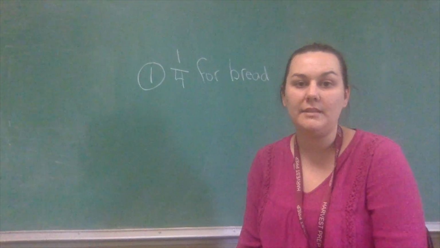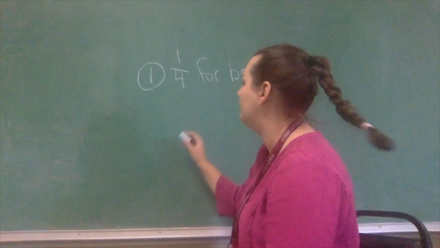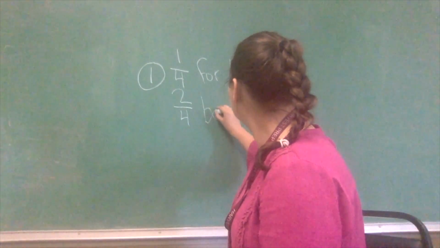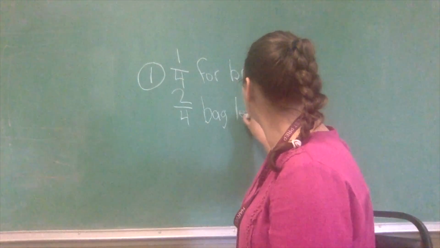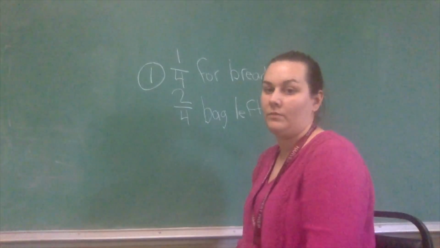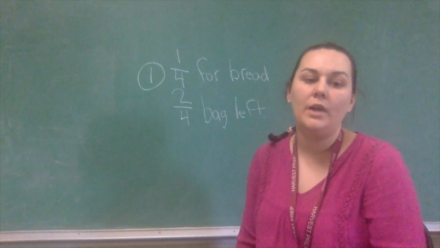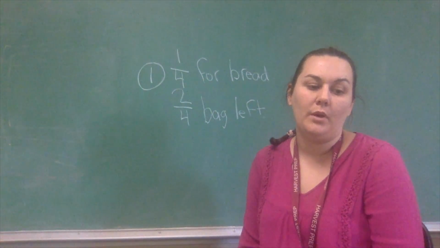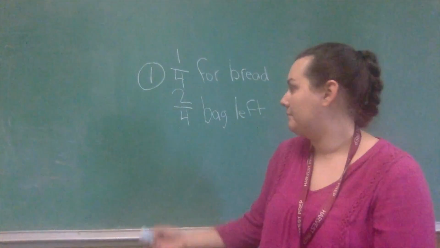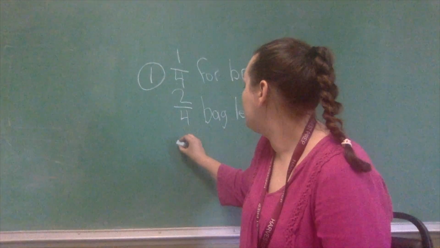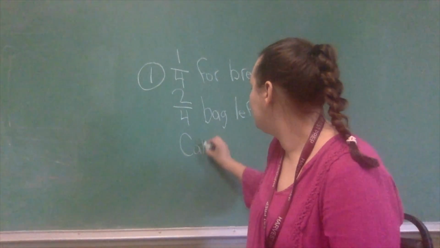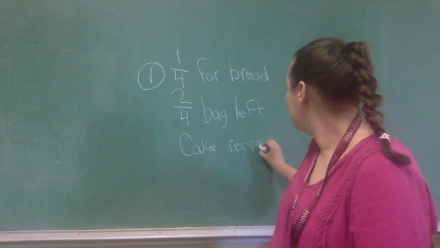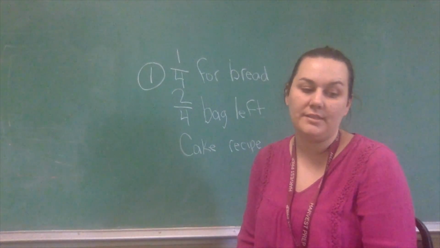Again, my word problem tells me he has 2/4 of the bag left. So that's what we already know. What do we need to find out? We need to find the fraction of the bag of flour that was used for the cake recipe. So that's part 1 for our understand.